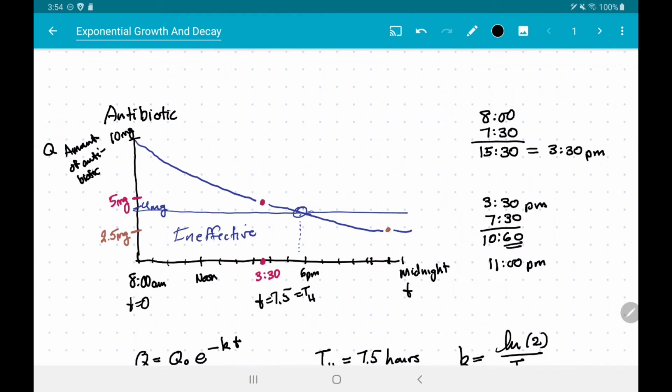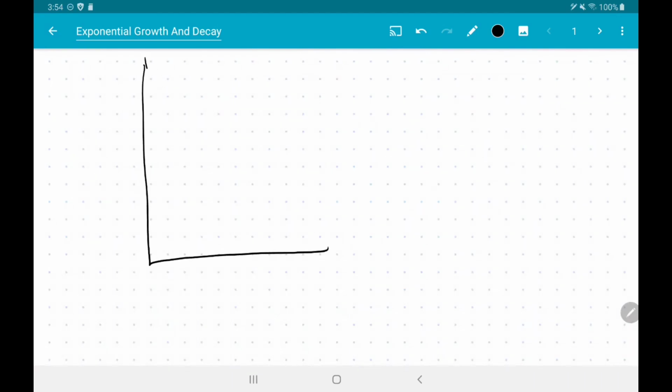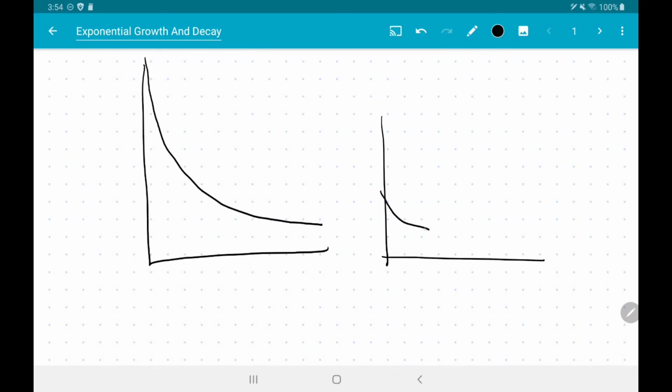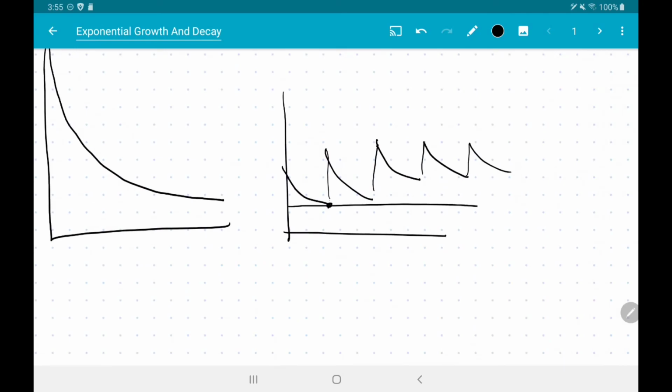And so rather than give you one ridiculously large dose here at the beginning that might be dangerous, instead they give you a small dose, and then they know about what time it'll cease to be effective, and they have you take the next pill then, and then you take the next pill so many hours later, and then eventually you get to this part where you're taking a pill regularly and you're getting a long stretch of time during which the antibiotic is effective.